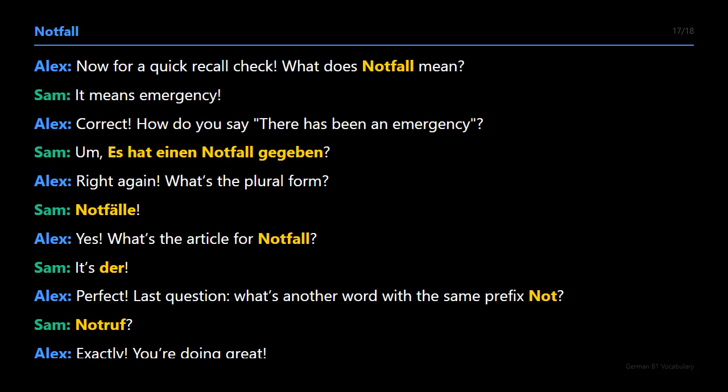Notfälle. Yes. What's the article for Notfall? It's der. Perfect. Last question. What's another word with the same prefix Not? Notruf.